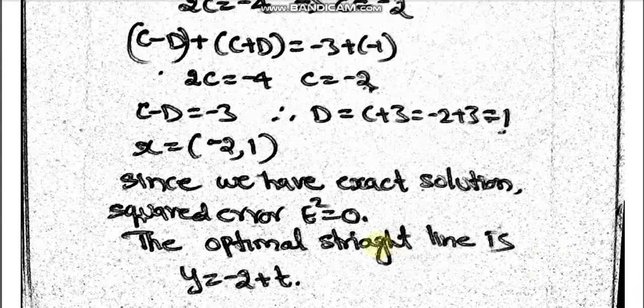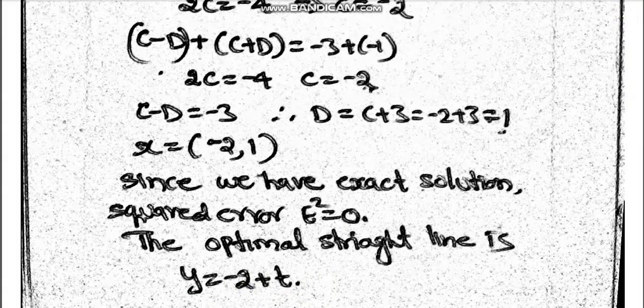So when e square is 0, we can say we have y equals minus 2 plus t, because we are just substituting the values of c and d in c plus dt. So you have a y equation. This again represents a straight line, and you don't have error. So the approximation y and the previously given y all lie on the same line, because the error is 0.